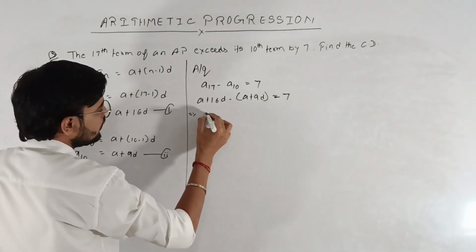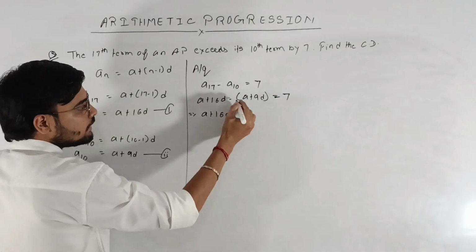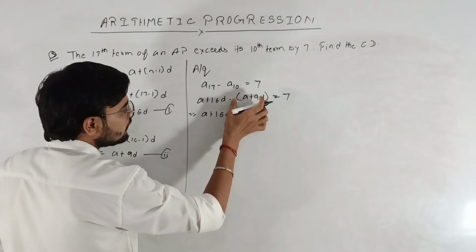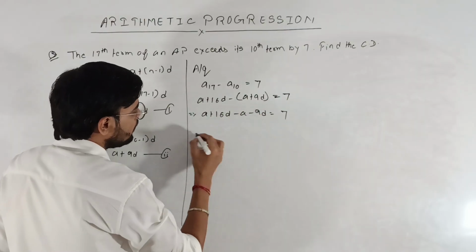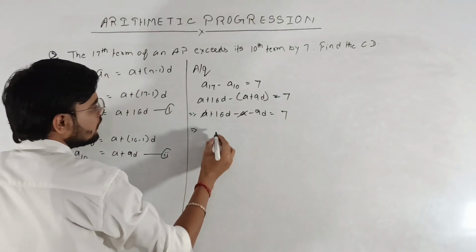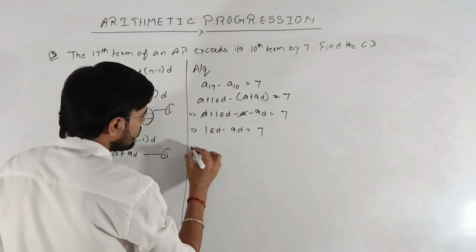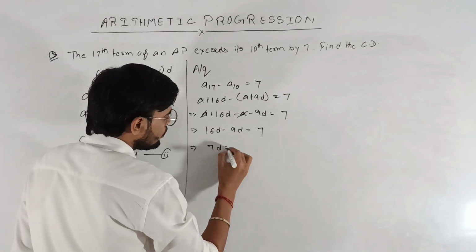Open the bracket, then we have to change the sign: minus A minus 9D is equal to 7. Now this A is cancelled, and we are left with 16D minus 9D is equal to 7, which means 7D is equal to 7.